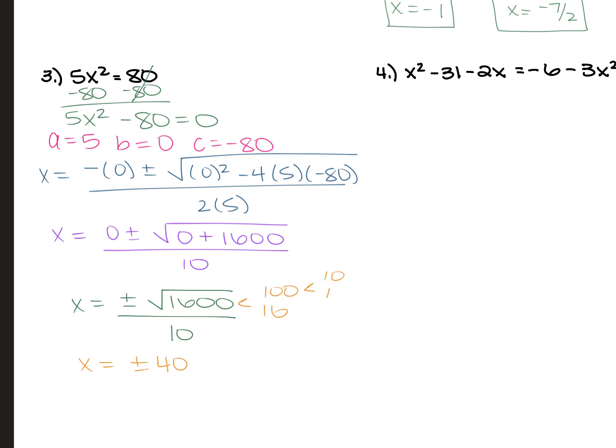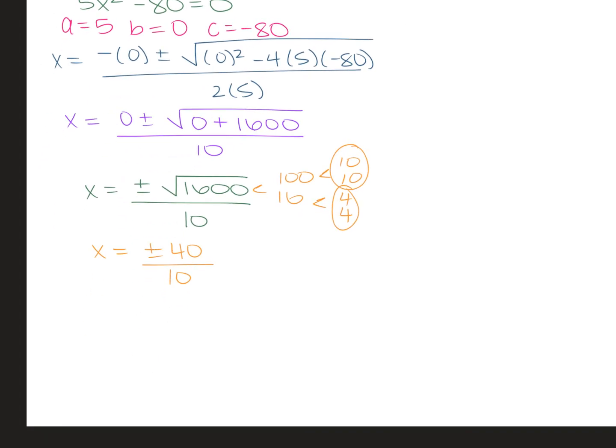This is 10 and 10. This is 4 and 4. So your 4s pair up, your 10s pair up. 10 times 4 is 40. And this is all over 10. So you have positive 40 over 10, you have negative 40 over 10. This simplifies to give you 4 and negative 4.